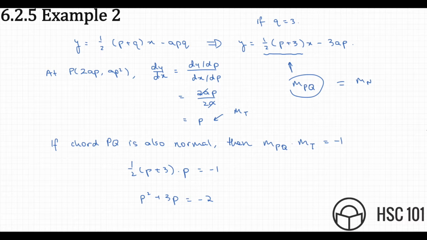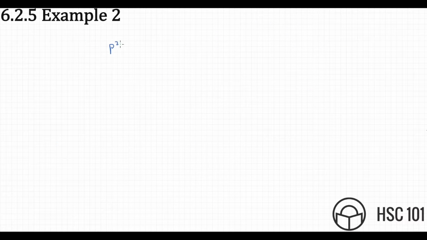Or in other words, if we rearrange, we're now looking at p² + 3p + 2 equals 0. And we can solve this very easily. First, it factorizes into (p + 1)(p + 2) equals 0. And then it tells us that p equals −1 or p equals −2.